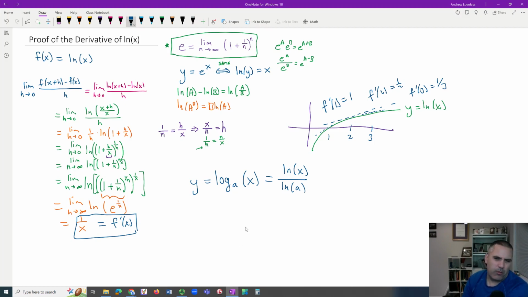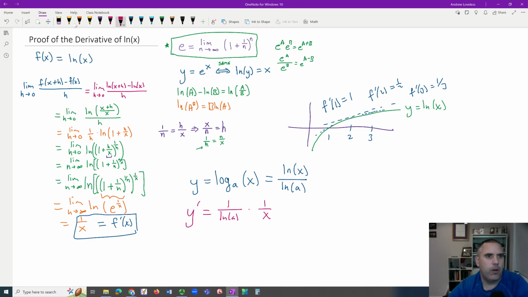If you don't know that rule, I could derive it in a moment. You also can rewrite it as a to the y equals x and then differentiate with respect to x. But I'll talk about that in the next video when I do the exponential functions. So if you differentiate this with respect to x, you get y prime, this is a constant, 1 over the log of a, times 1 over x.